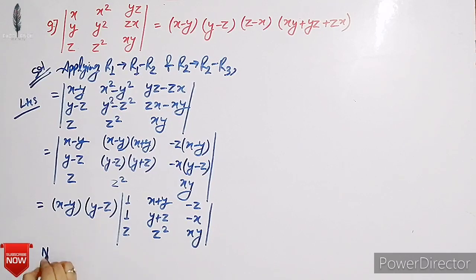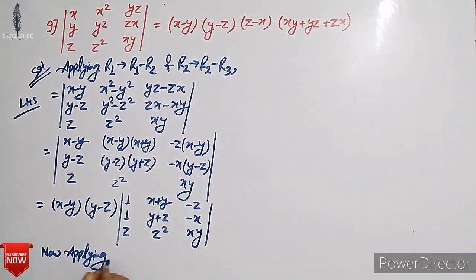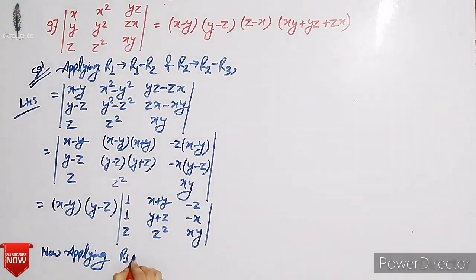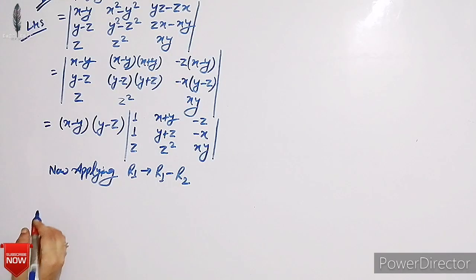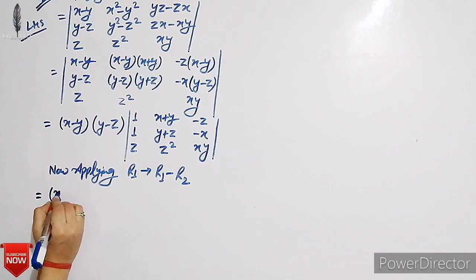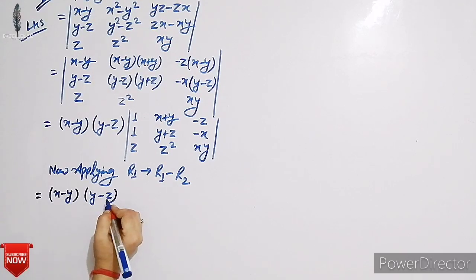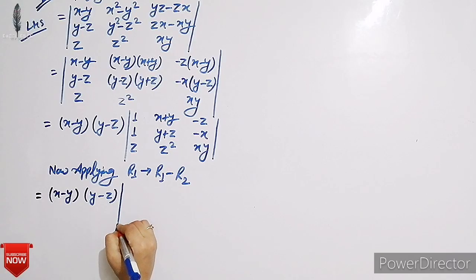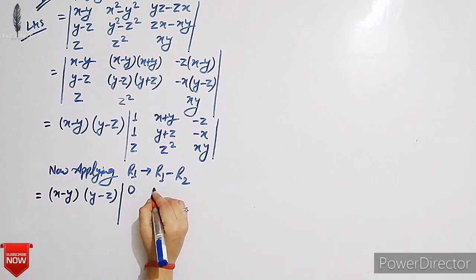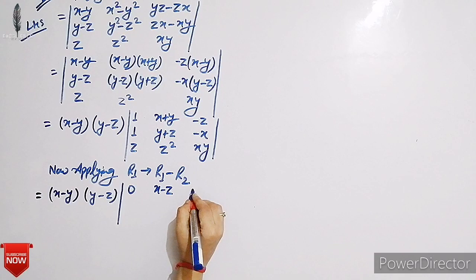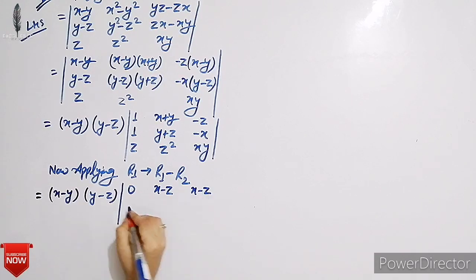Now applying the change, R1 is such that R1 minus R2 to get 0, 1 minus 1 0. So it is equals to x minus y, y minus z into here 1 minus 1 0, here x minus z, and here also x minus z.